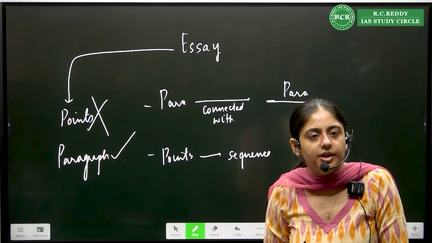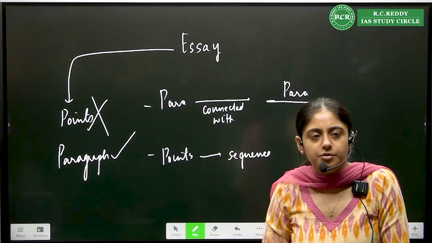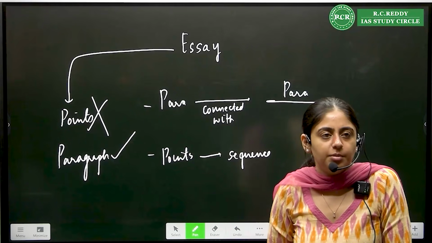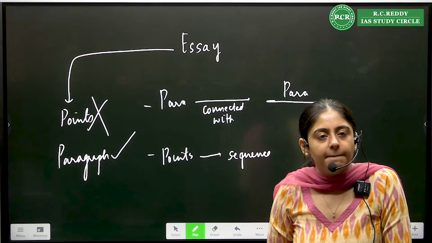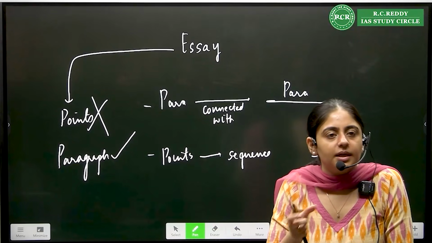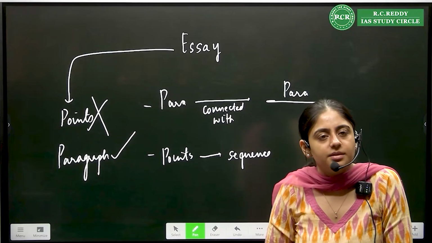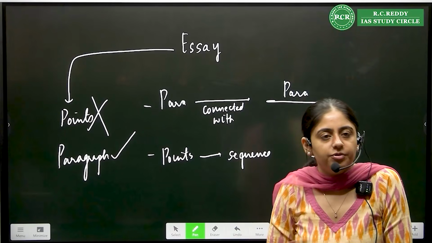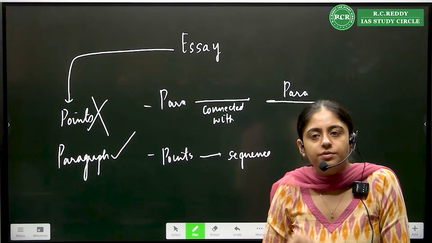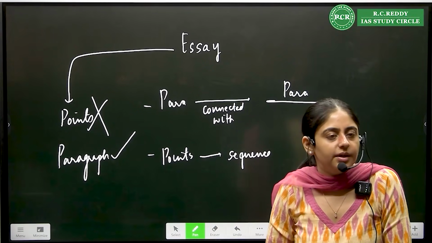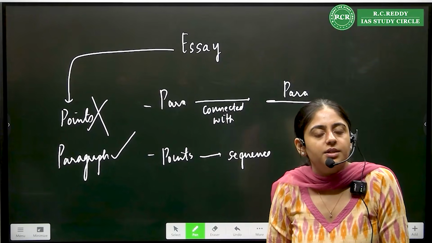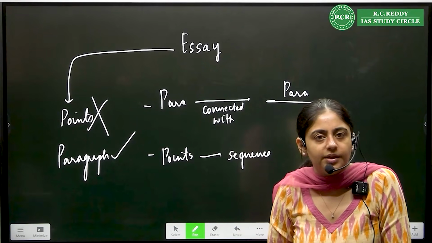I'll give you a list of creative headings also. As we move forward, we'll keep on adding to some of the content for essay too. But never like causes, types, advantage. That is for GS, not for essay. So usage of headings should be innovative in nature, not like a GS answer heading, right?